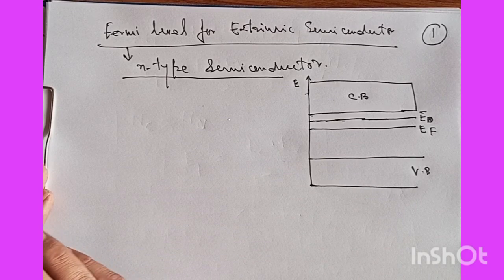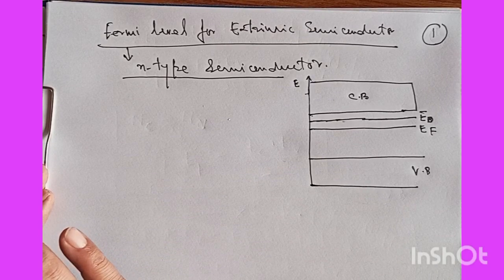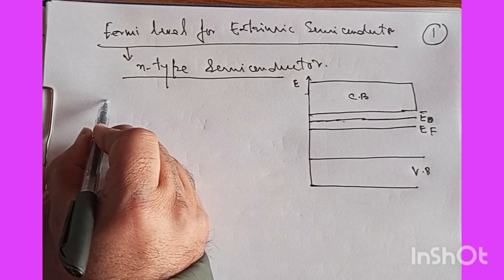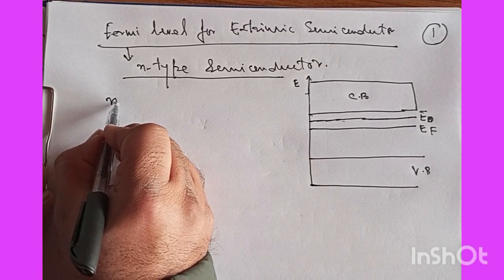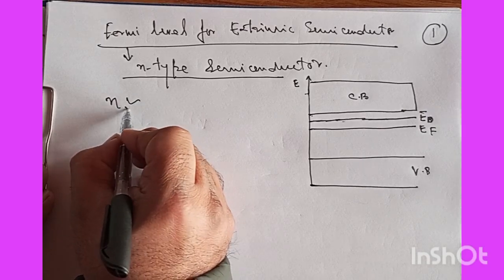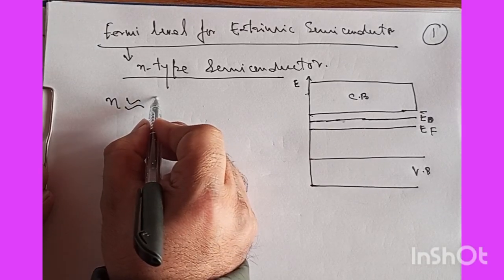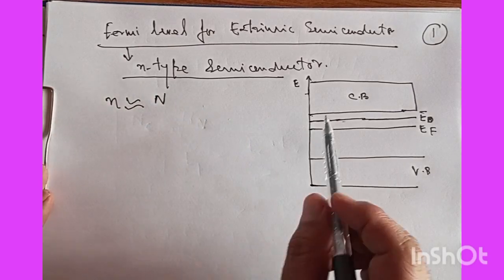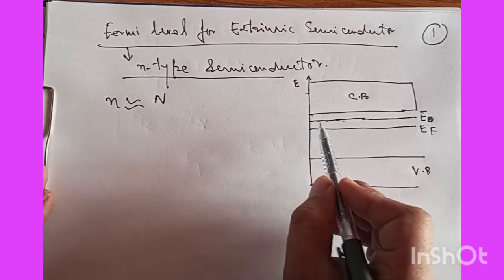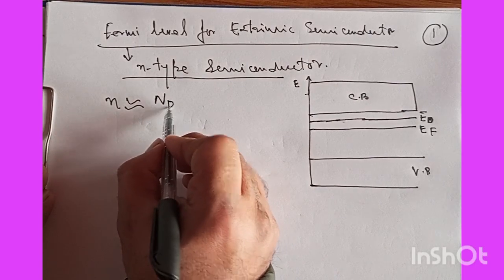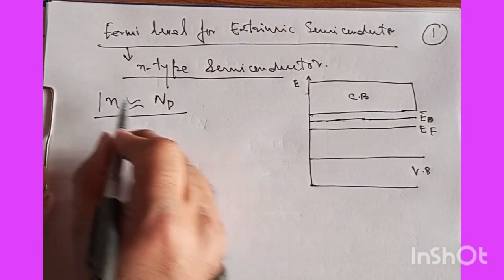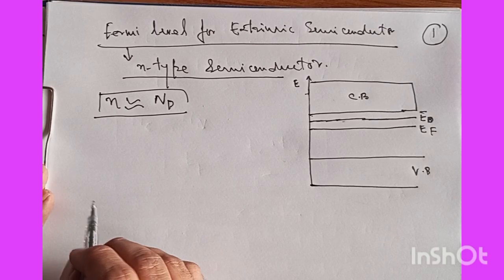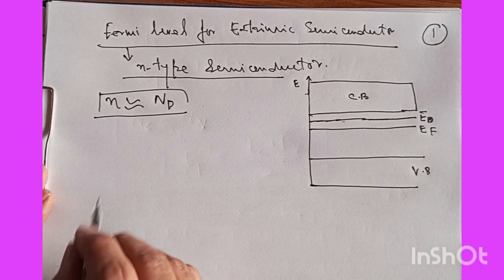Now, if I talk about the occupancy, say n, this occupancy will be nearly equal to the number of electrons at the donor level. This should be kept in mind, and we can have the Fermi-Dirac distribution function for this situation.